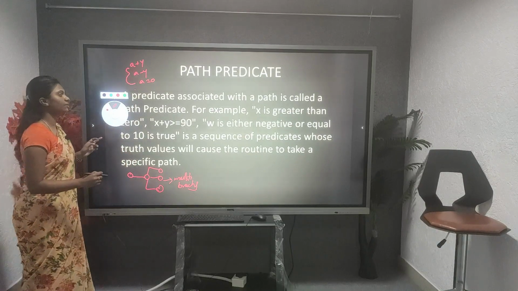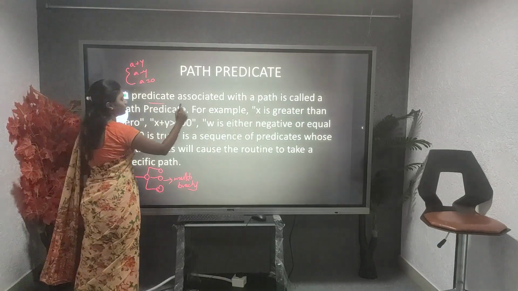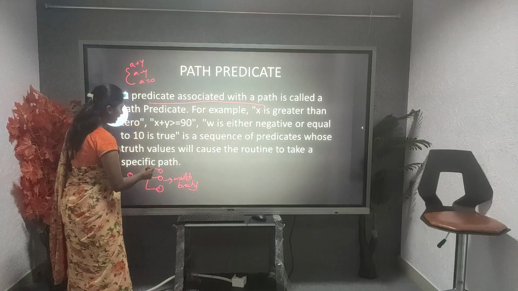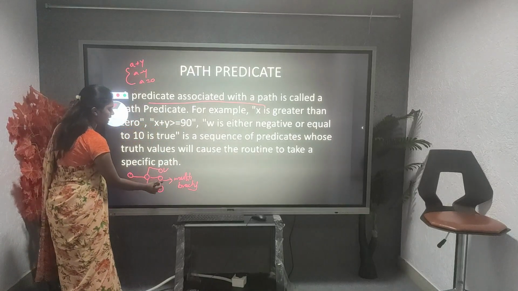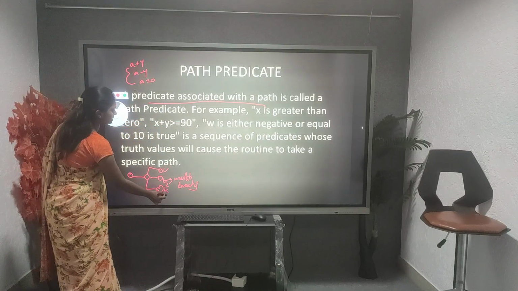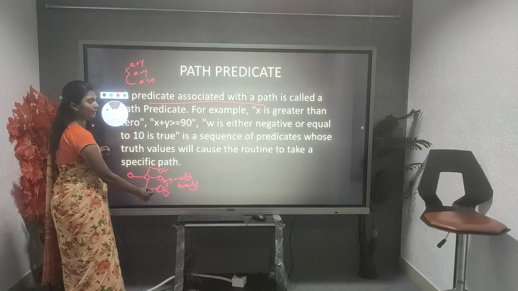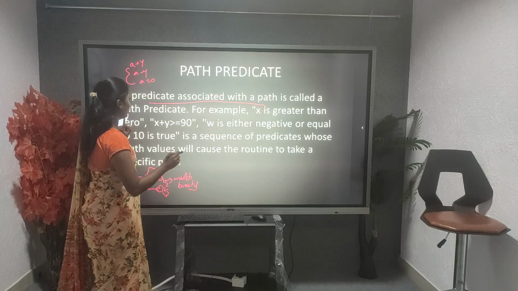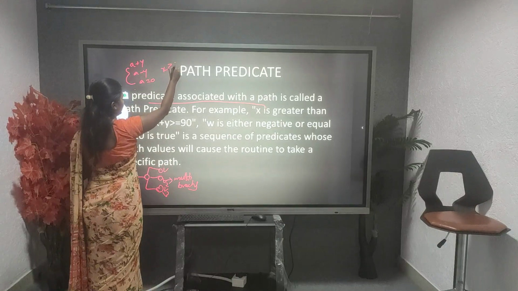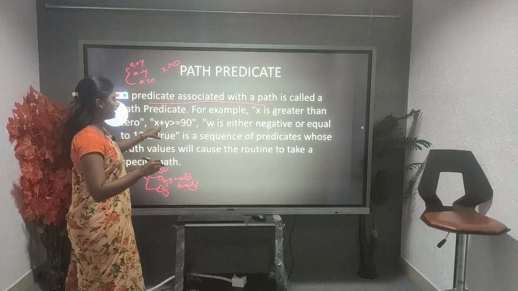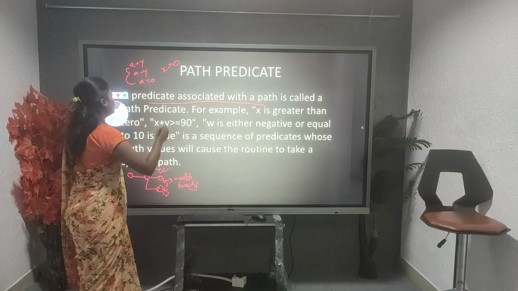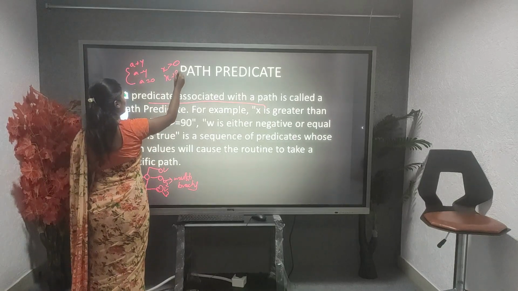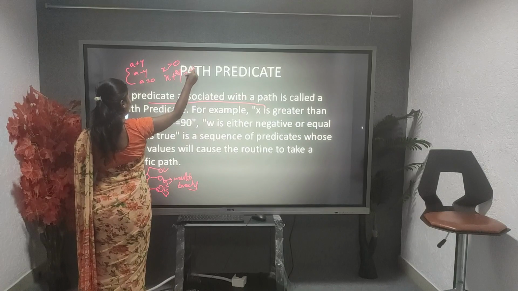So here I am explaining that it is associated with the path. These different variables are associated with the path, which is x greater than 0. Next, x plus y is equal to 9.